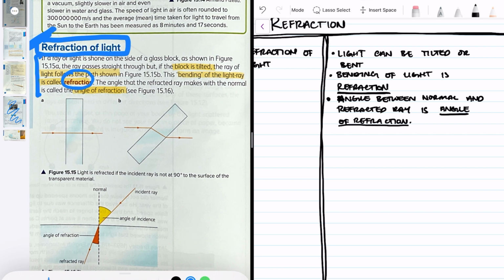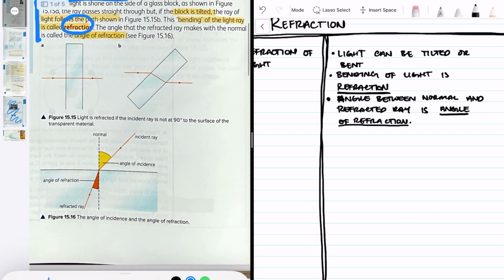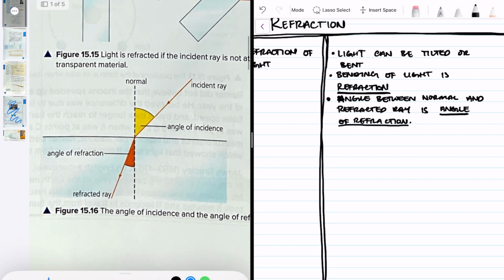So now, I could take a look at this image here and try to understand that a little bit better. If you feel like an image might work in your favor, then you might want to write that down, or draw it out. So in this case, I'm just going to do a quick sketch. It talks about a normal that we haven't discussed yet, but it looks like a normal is this imaginary line between the object that the light is hitting and the light itself.